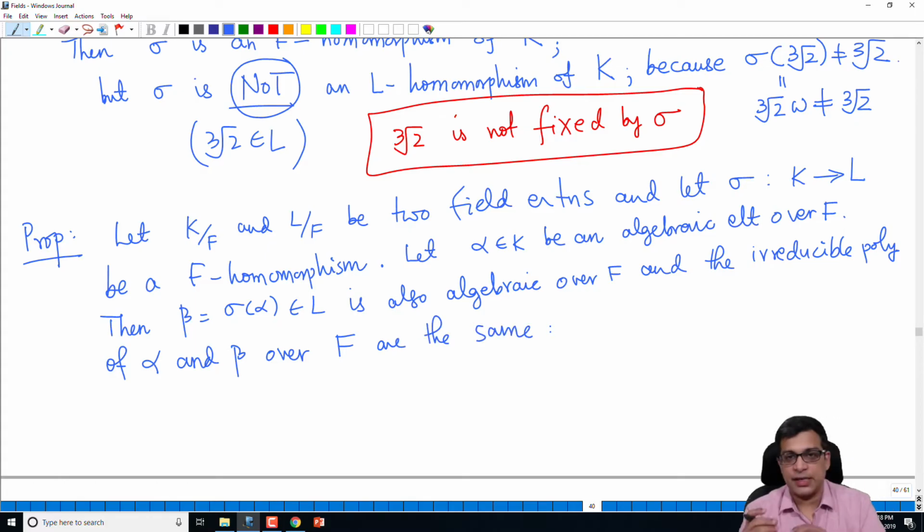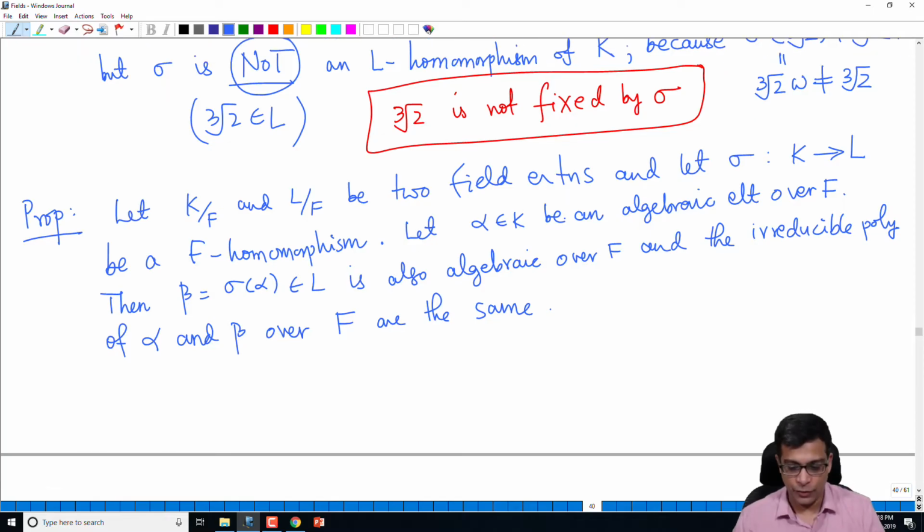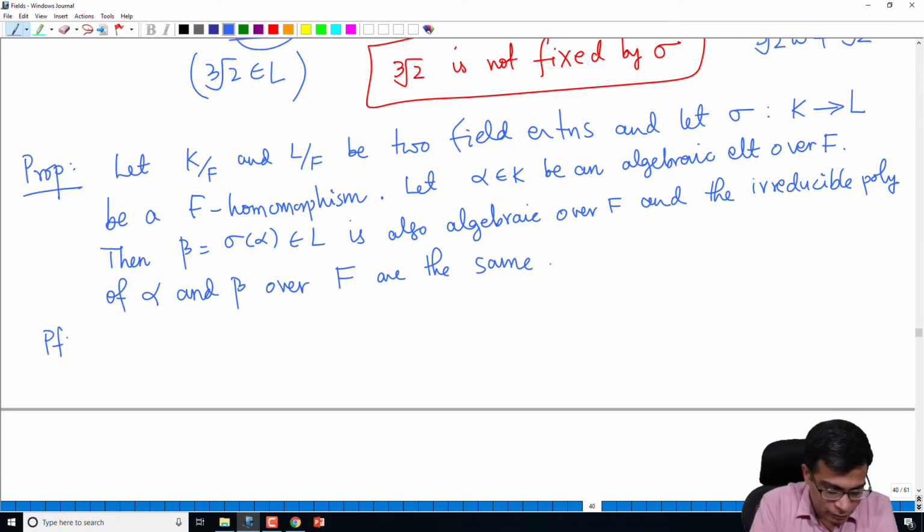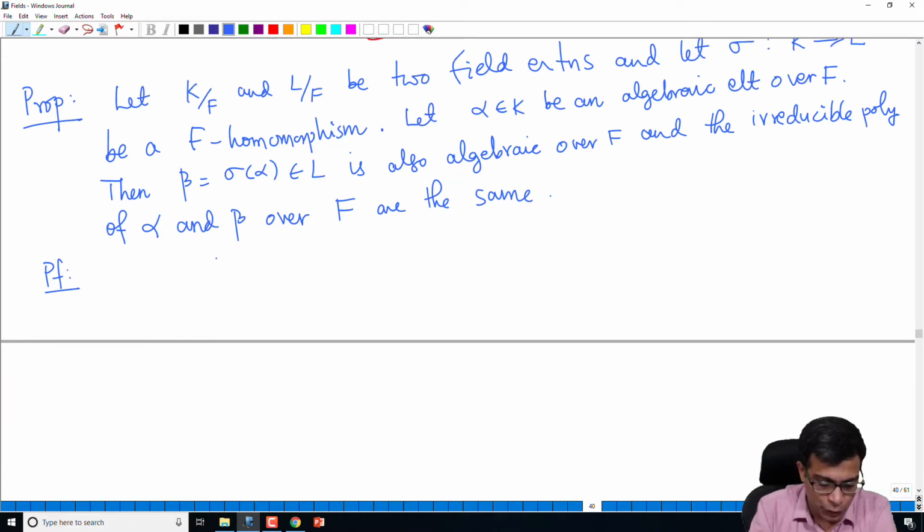So this is a very large restriction on what can be the possible image of an element in capital K. As long as it's algebraic, that restriction applies. So let's prove this. What we are saying is that the image of an algebraic element is algebraic, and moreover its irreducible polynomial is the same as the irreducible polynomial of alpha. And the proof is very simple.